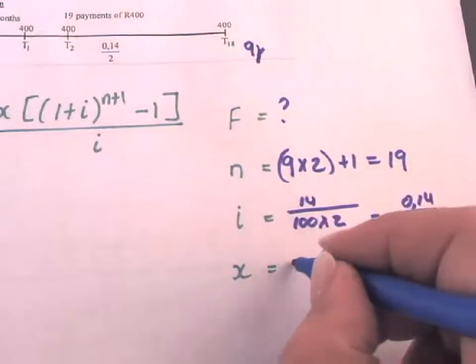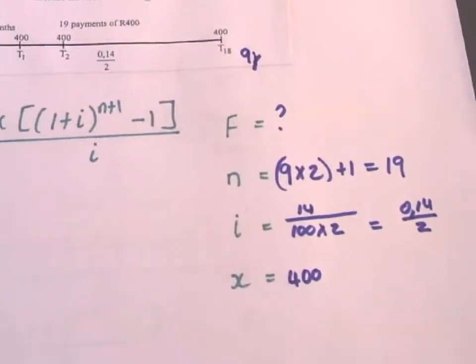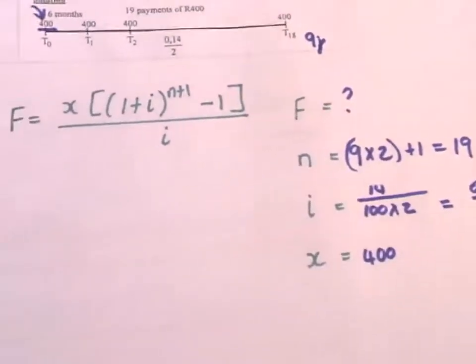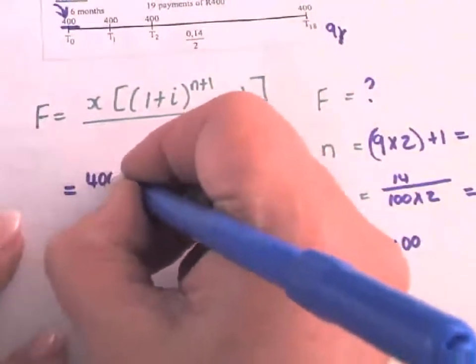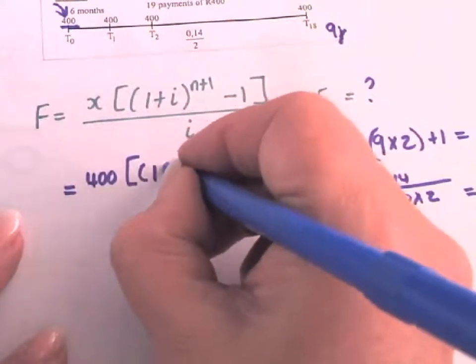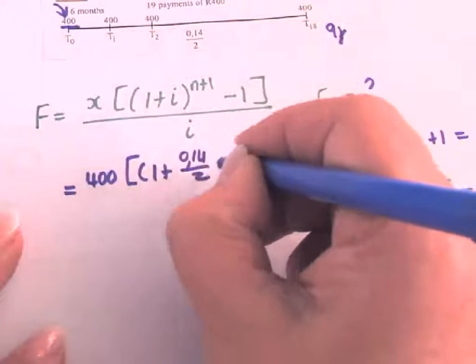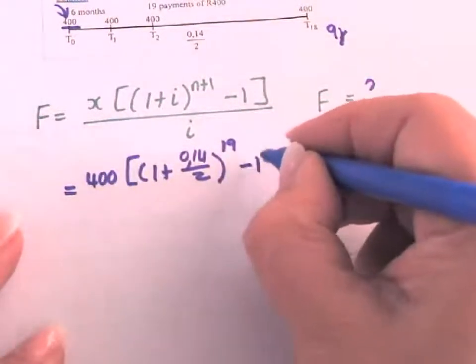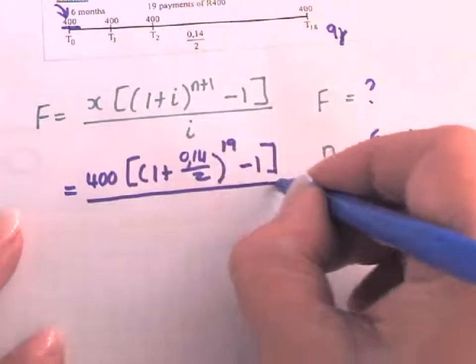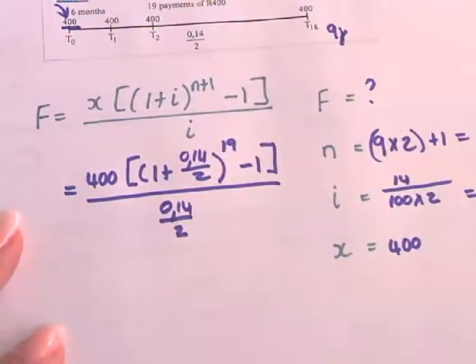And X is 400. Now you substitute everything into your formula. X is 400. 1 plus I, which is 0.14 over 2, to the power of 19, minus 1, over 0.14 divided by 2.